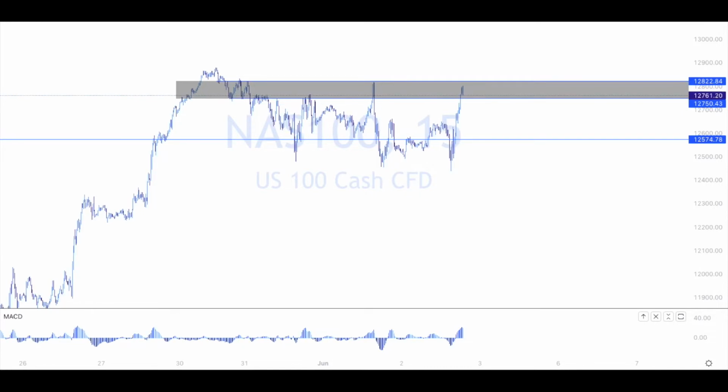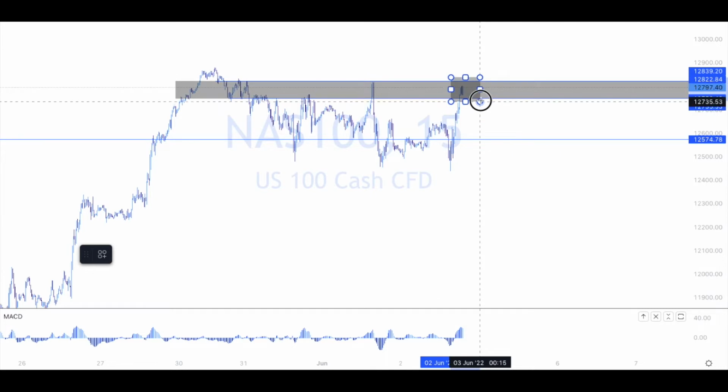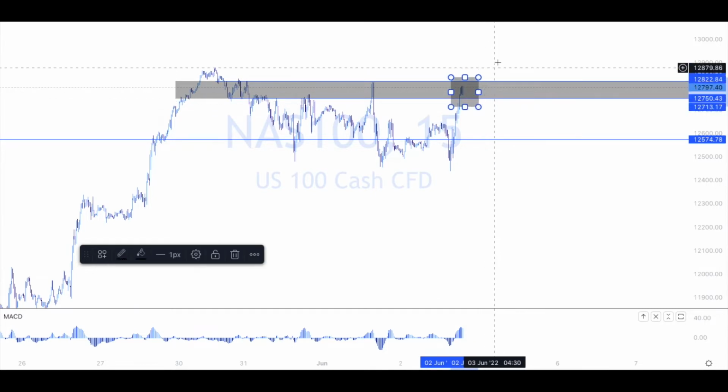Okay, all right, stop. Right, so now we know that this area over here is the area of interest. So let me just highlight this area right here, so we know that this is an area of interest.